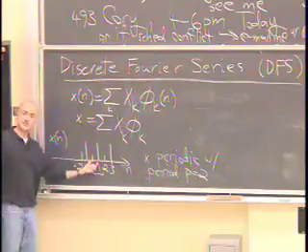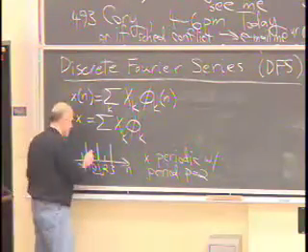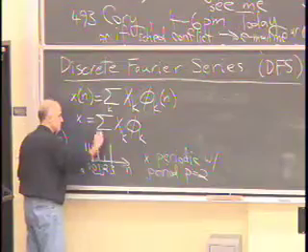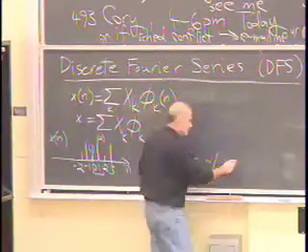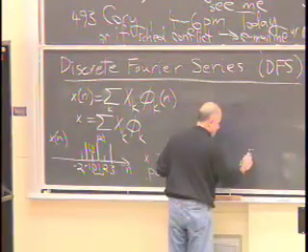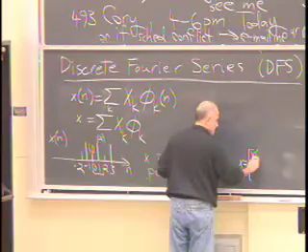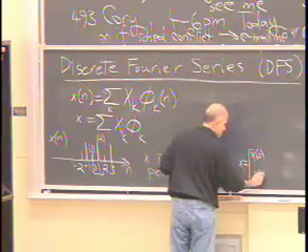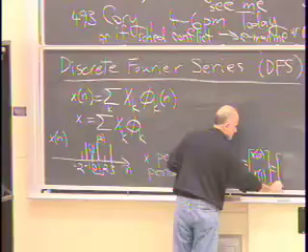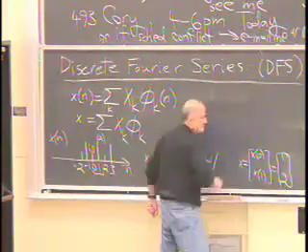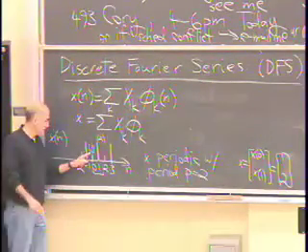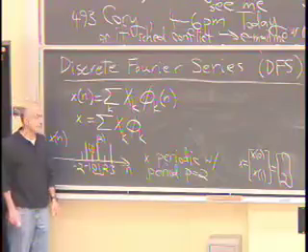You pick the values within one period, and you stack them up. Let's say this is 1, this is 2. So you have x0 and x1. In this particular case, I've drawn lollipops of height 1 and 2.